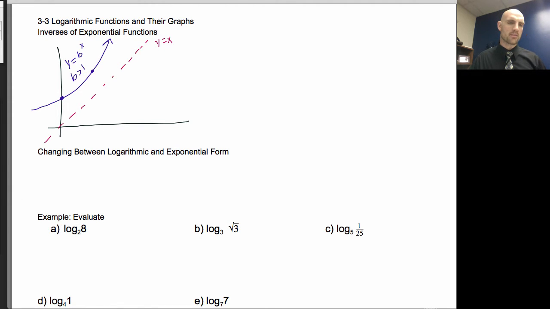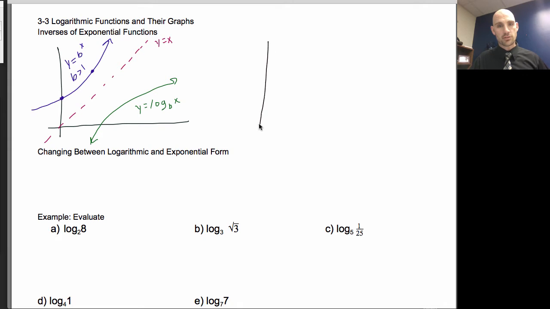Our logarithmic function is going to be related to this one this way. It's a mirror image. So this is going to be log base b of x. So this is y equals, or f of x equals log base b of x. It's the mirror image as it's reflected across here. And so these are going to be inverse operations. These are going to undo one another. So that's important to remember.